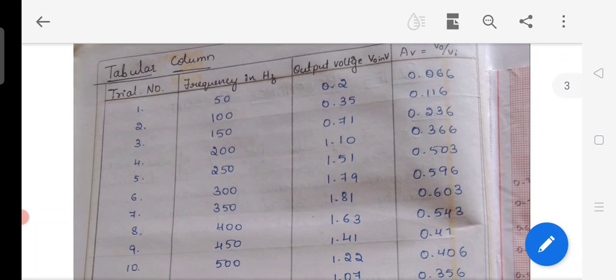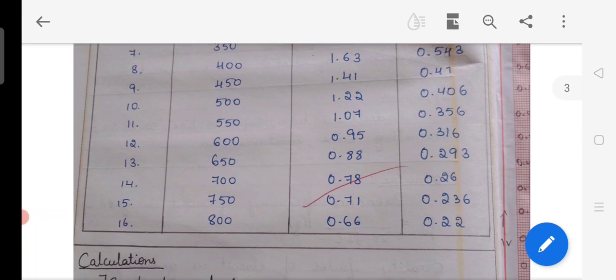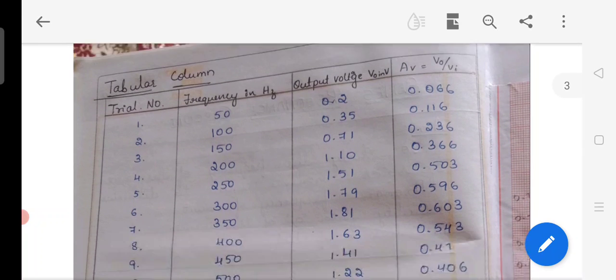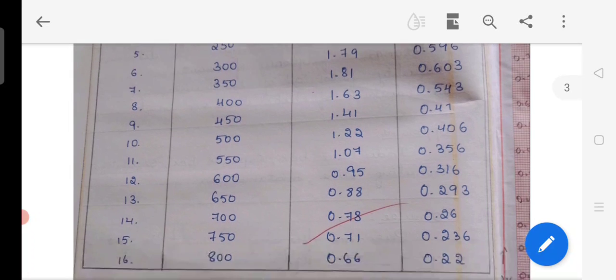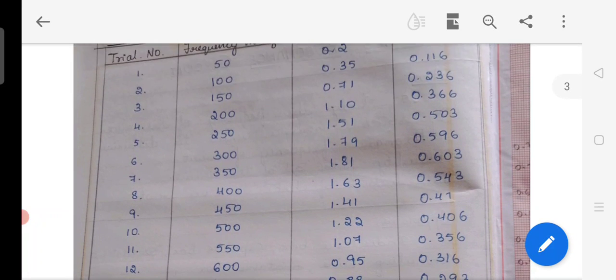Then we are going to measure the output voltage. We obtain a gain which is maximum at a particular point. You can observe that it is at 350. In these values, we obtain a maximum gain of 0.603. Above and below 350, the gain is slightly lower.